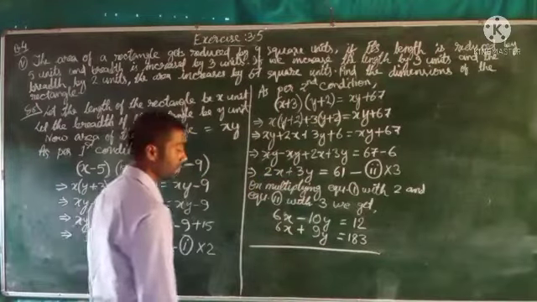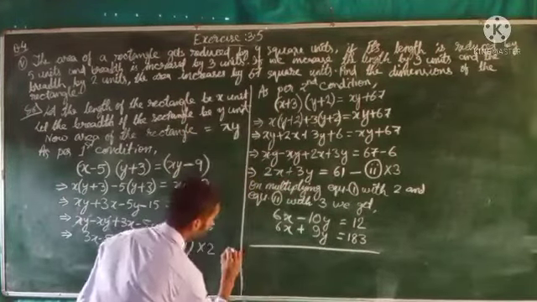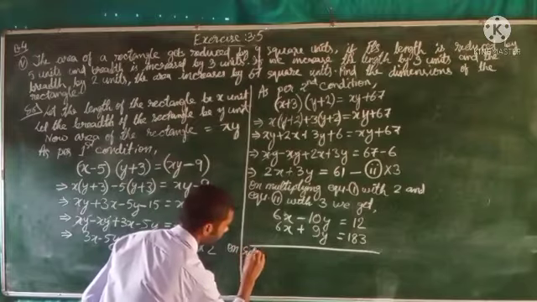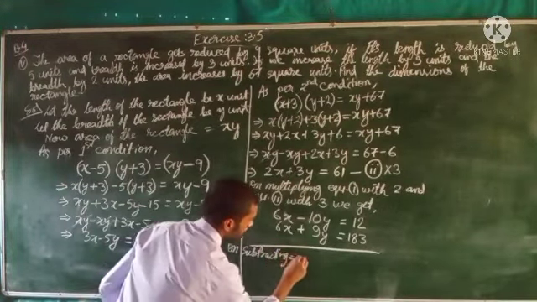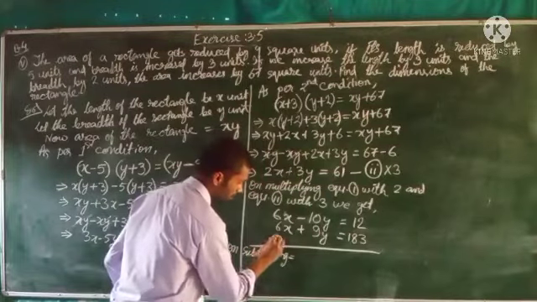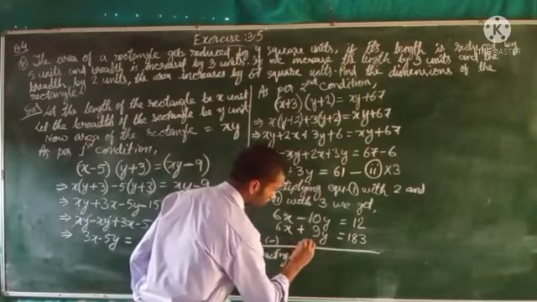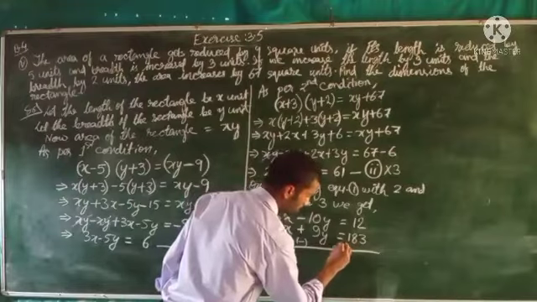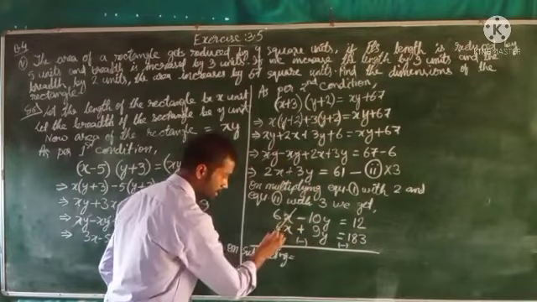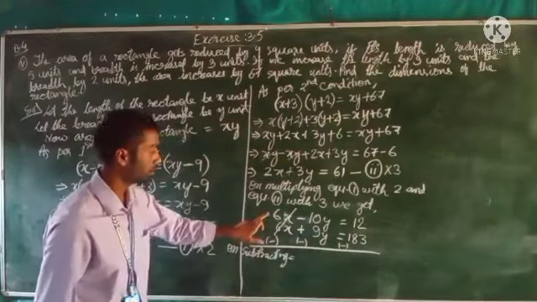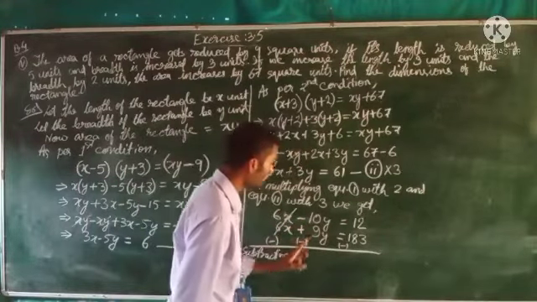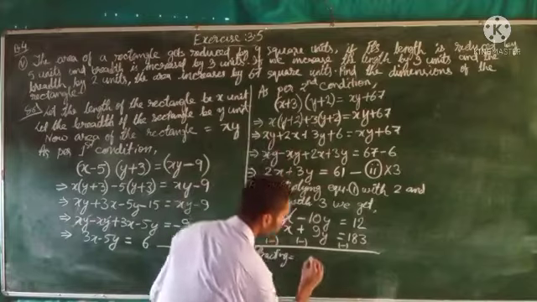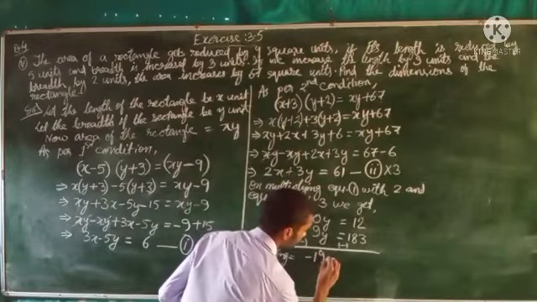So now we will subtract them. On subtracting, the sign of the second equation will change, that is plus will change into minus here. Now 6x and 6x we can cancel. Now minus 10y minus 9y will change into minus 19y.